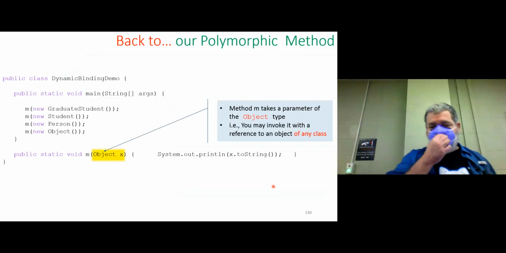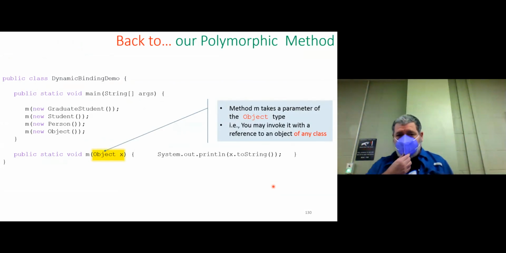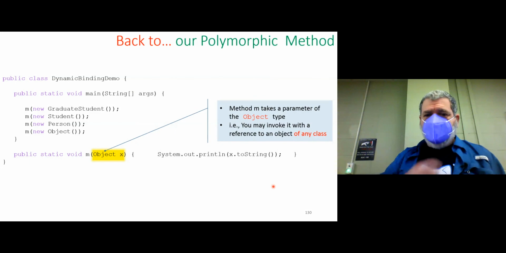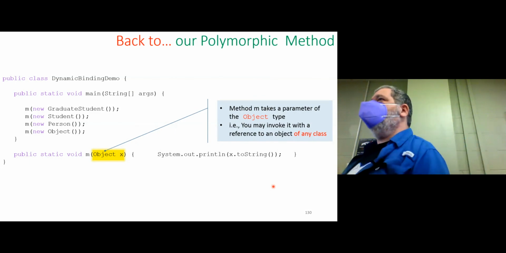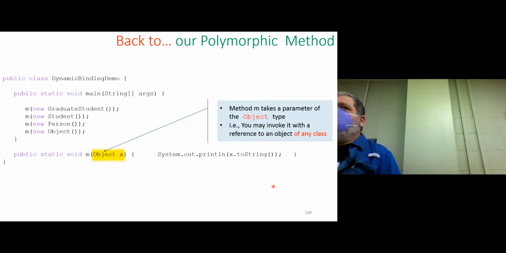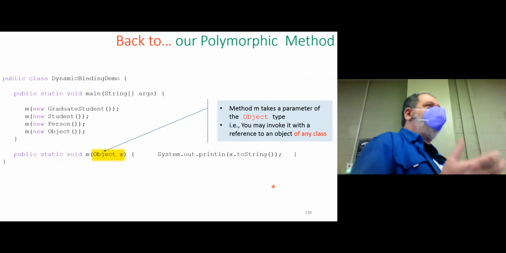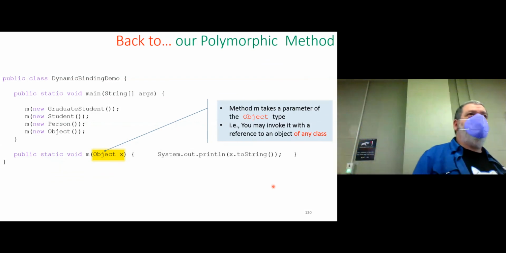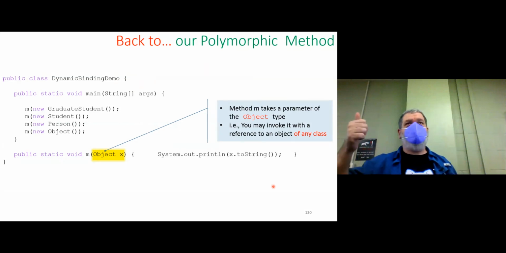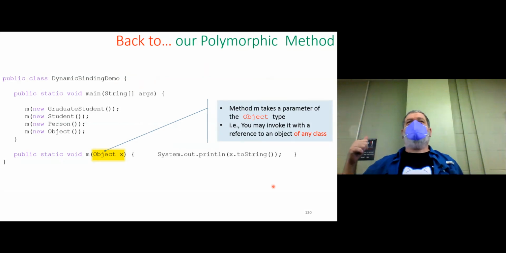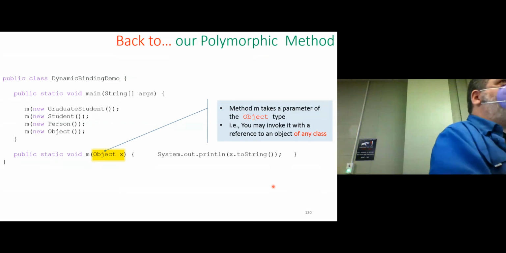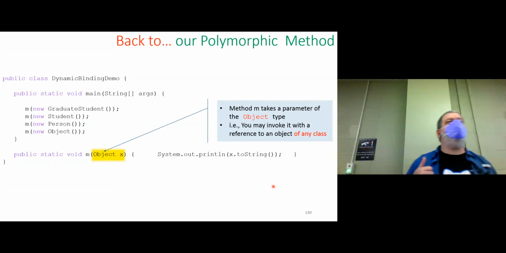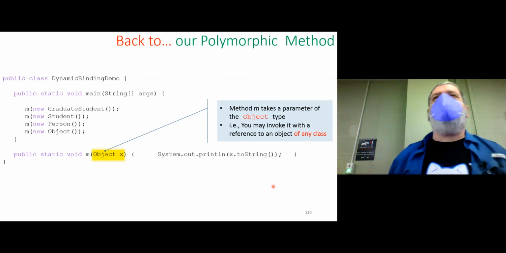All right, so going back to our example, by putting Object here, I'm opening my method super wide. In practice, you can pass me an argument of class Object or a reference to an object of a class that is a subclass of Object. But I just said that every class in the JDK is a direct or indirect subclass.